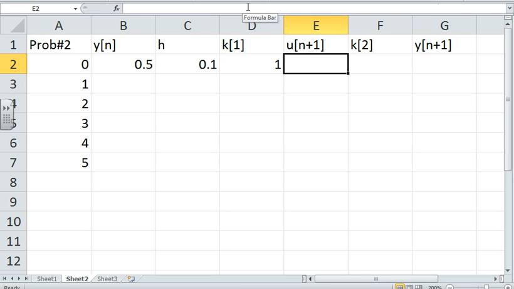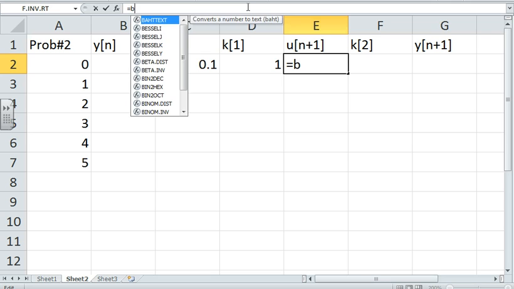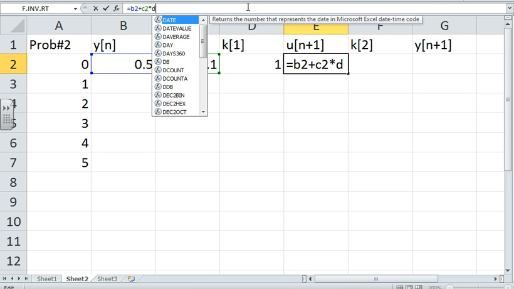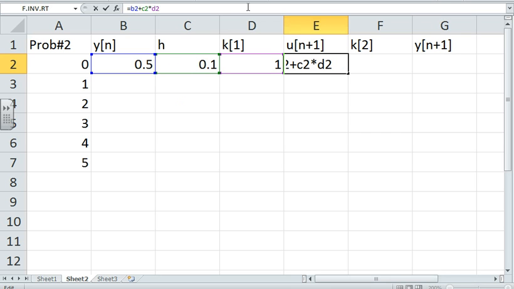My u sub n plus 1 is going to be the function at y n, which is b2, plus h, which is c2, times k1, which is d2.